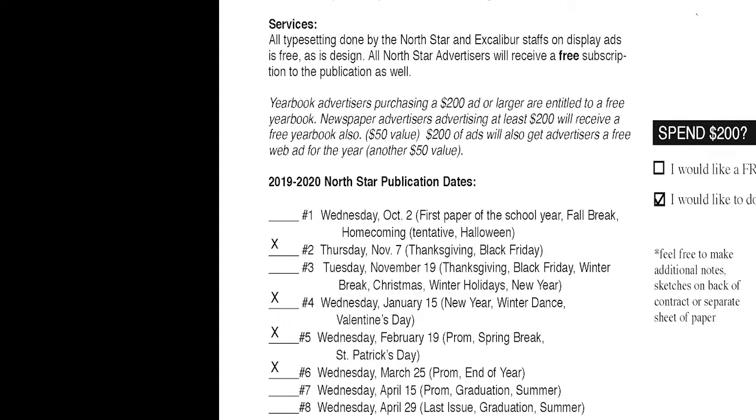Also, all advertisers will be getting a free subscription to the North Star as well. Those are all nice little perks that people get by advertising with us. We also see below that in italics that anybody who purchases $200 of ads or more is entitled to a free yearbook. They also get a free web ad as well, so a free ad on the website, fhntoday.com.